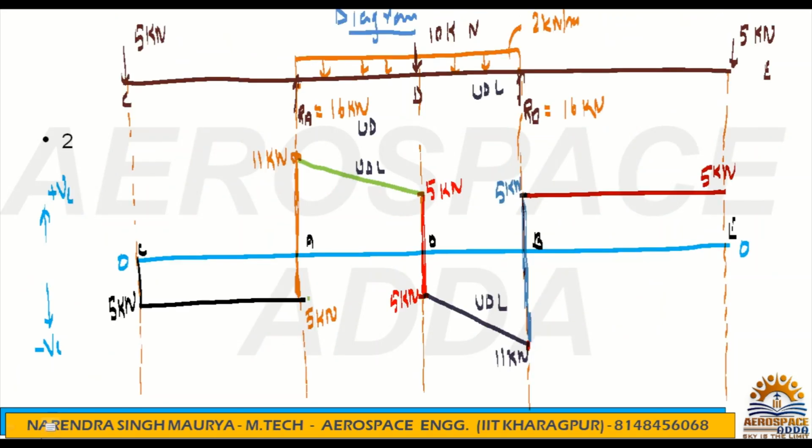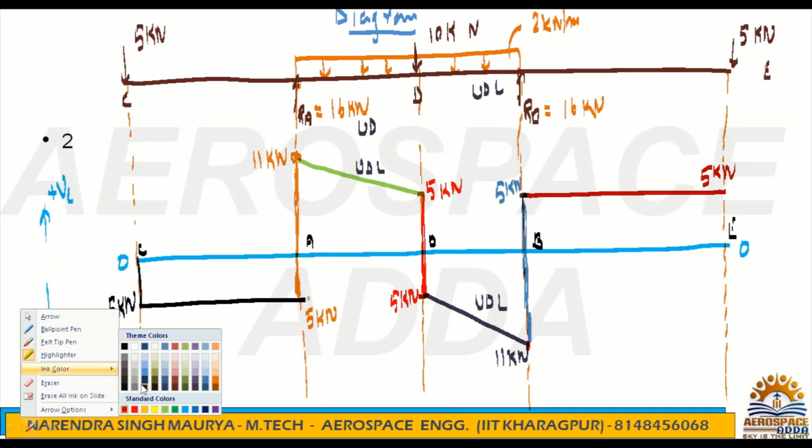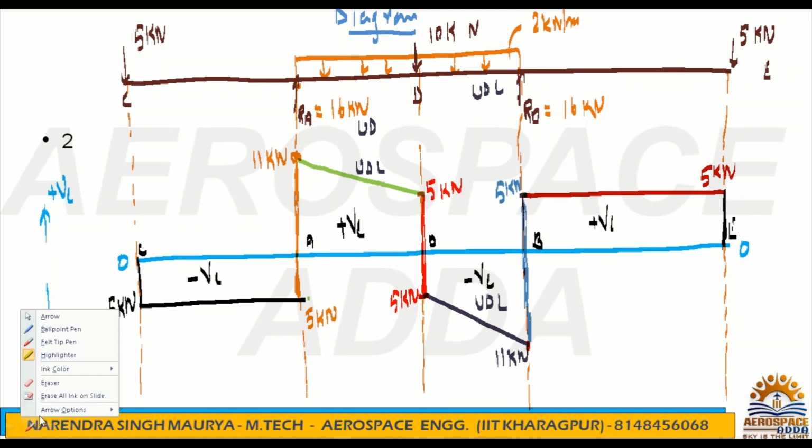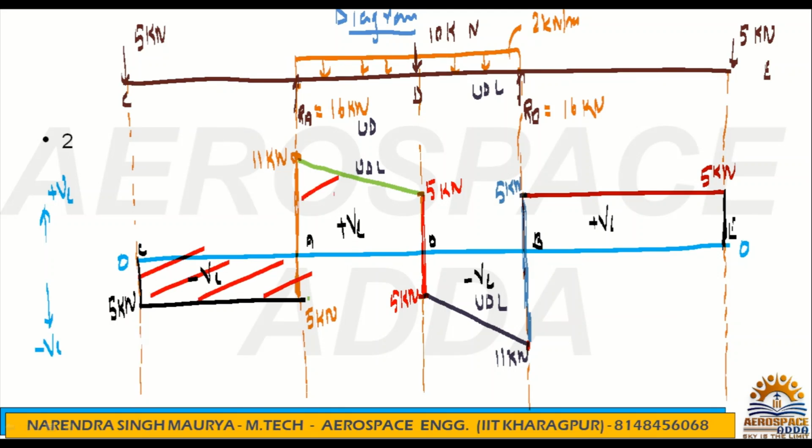So again it becomes 0 here. Again you can come back. So this again becomes 0. So this is nothing but the SFD. This is positive, this is positive, this is negative. So this is basically the shear force diagram. You can make a hatch line, it will be more clear. Okay. This is the shear force diagram.